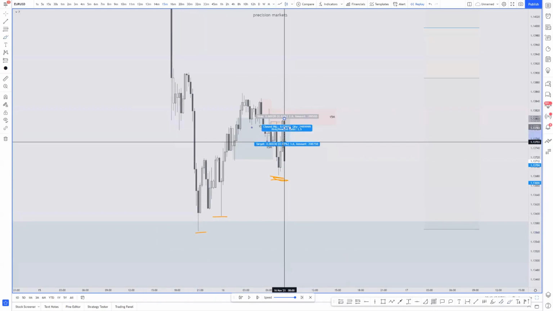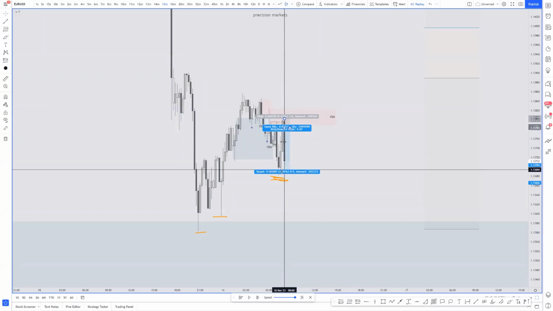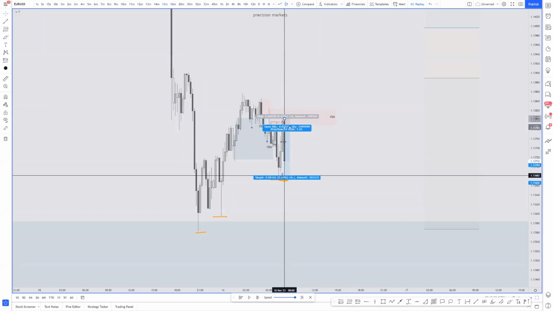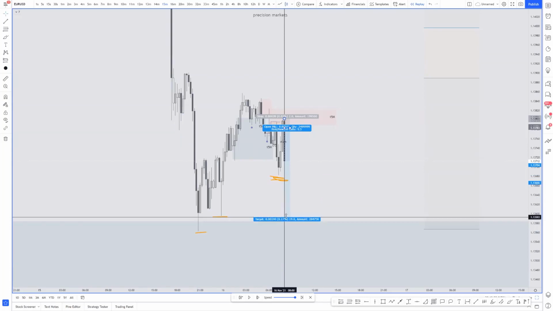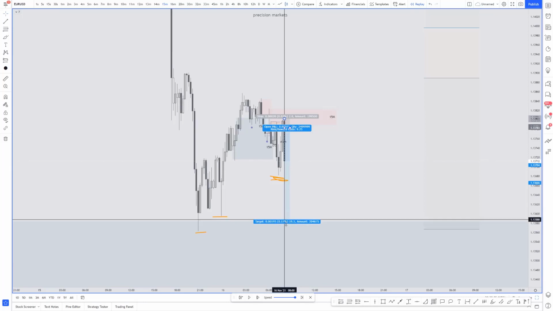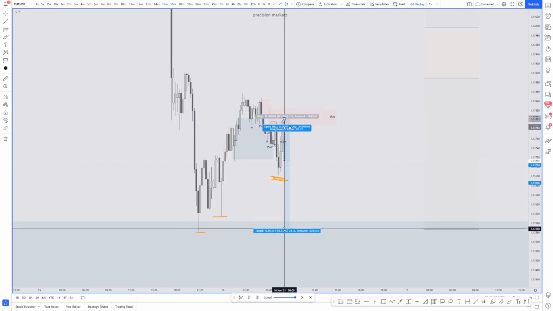So let's pull that down. So to this low is barely a 5R. I likely wouldn't take partials there. Myself, I'd probably go to here, and I'd probably take some partials there, take 50% of your trade off or something, and leave the other 50% to run to that low.